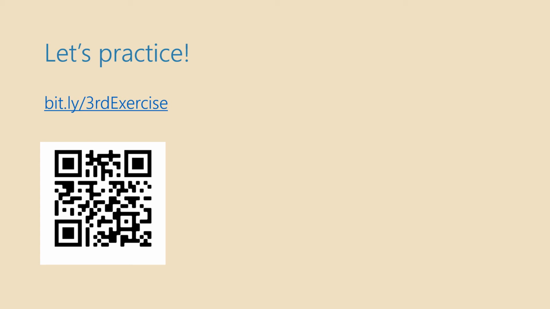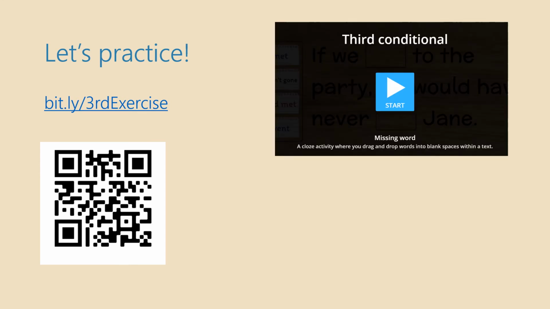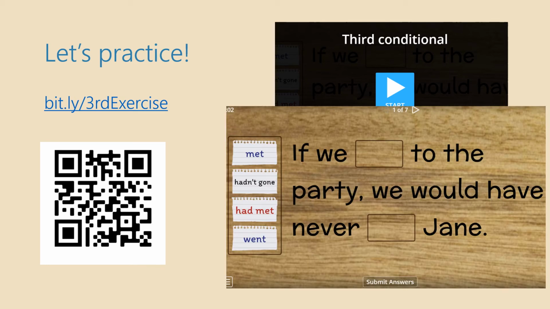You can copy the link into your browser, or you can scan the QR code. It will take you to a quiz, third conditional. Once you press the start button, the quiz will start. There are 7 sentences in the quiz, and in each of the sentences, a verb is missing.